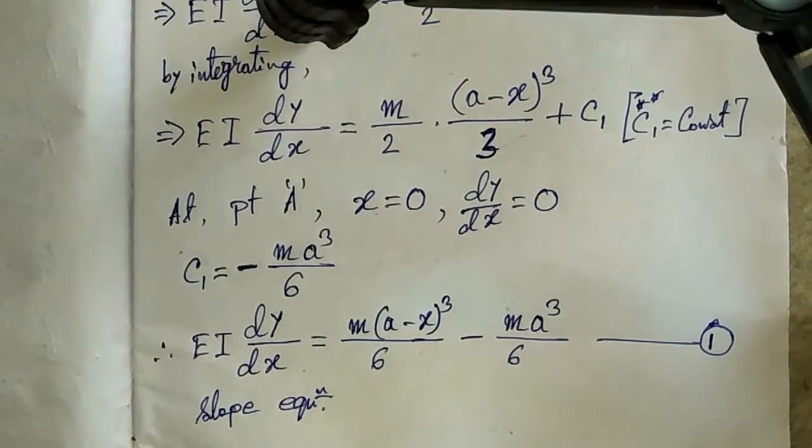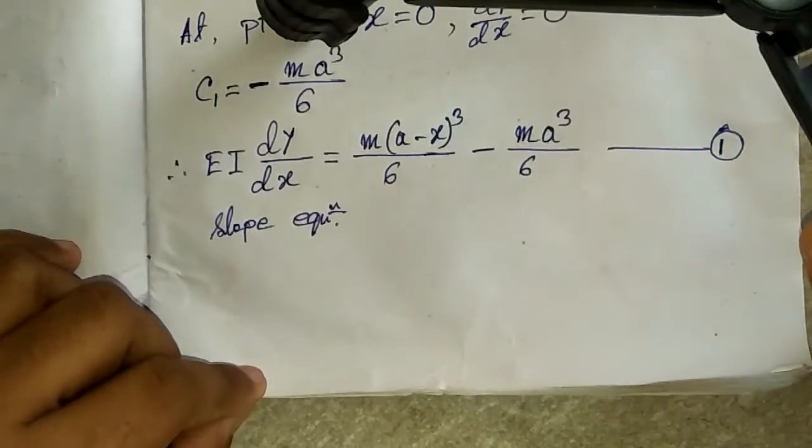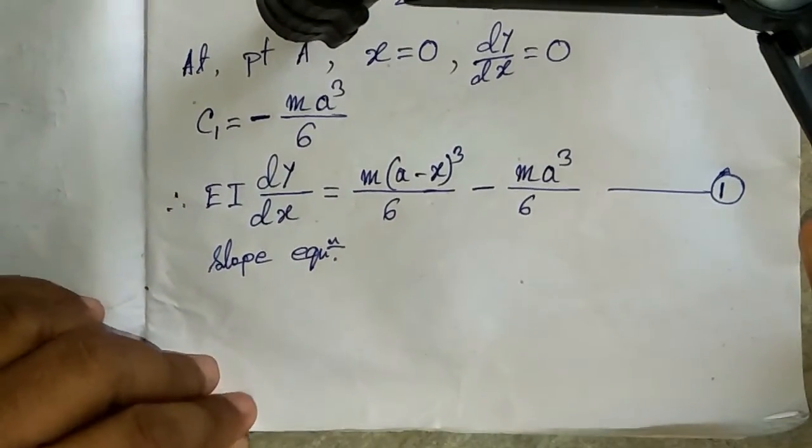To find out the slope at point C, we have to substitute the value of x.